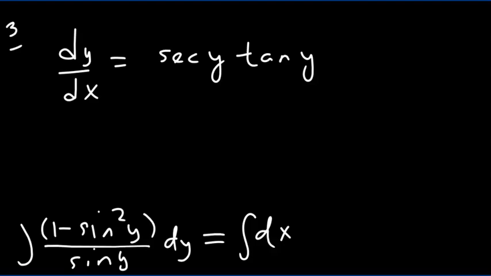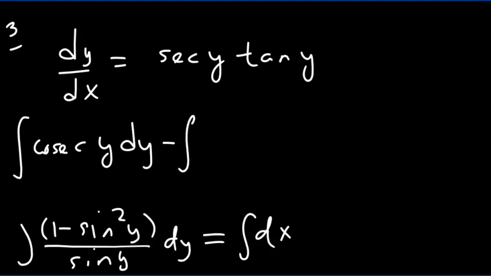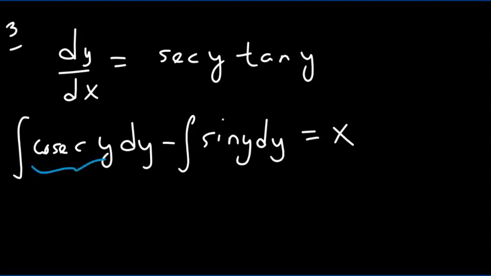So the left-hand side will become the integral of cosecant y, that's the first integral, minus the integral of sine y dy. The right-hand side is just x. Let's first do the first integral. It simply becomes dy over sine y.